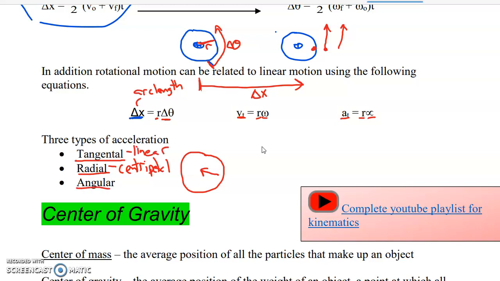And then lastly, this brings in what we call the angular acceleration, and that's this alpha, which I'm going to represent as a curved vector here.